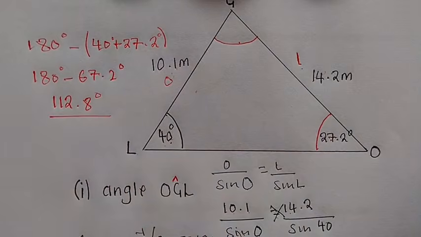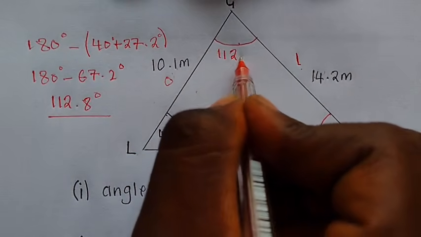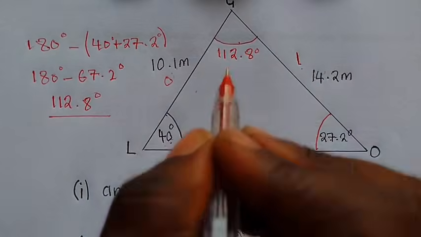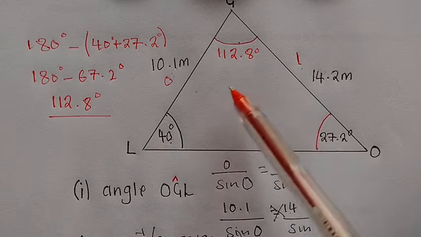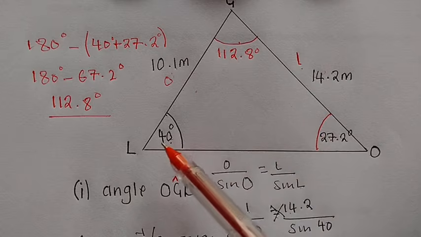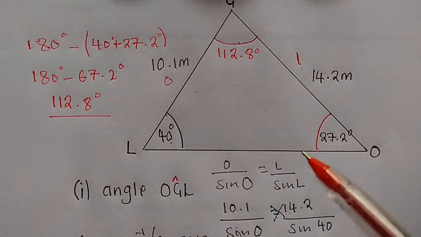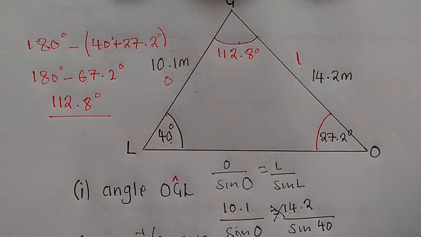So this is the angle which was at G, which is 112.8 degrees. Remember, the sum total of the angles inside the triangle add up to 180. That's the principle I've used. So we add this and this, then we subtract from 180, and we have the angle at G.